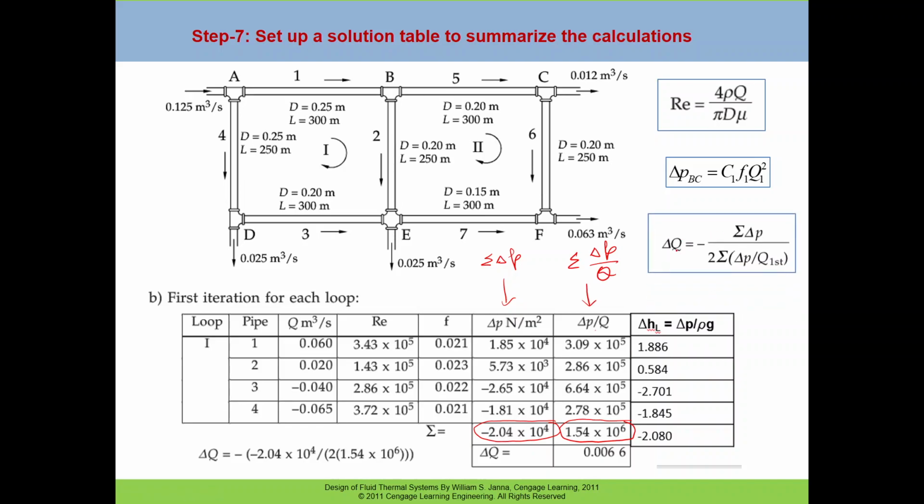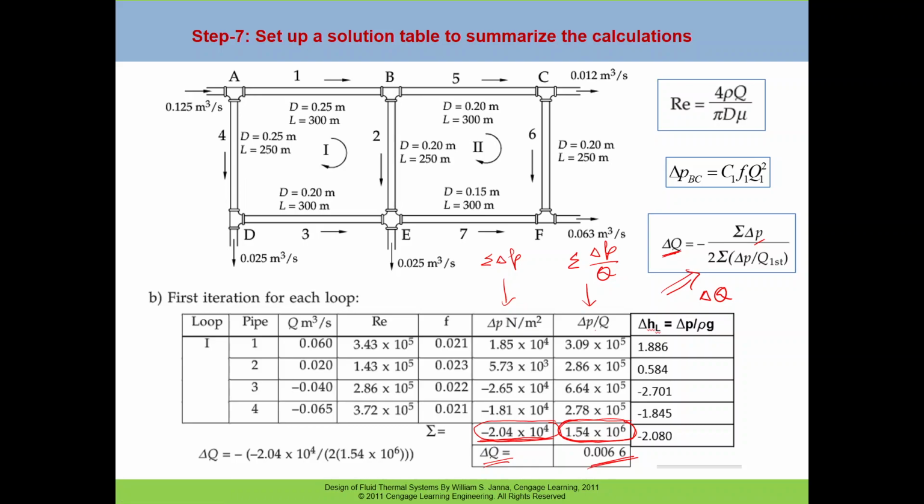Now we need to find delta Q. By the formula, delta Q is minus the summation of delta P, which we have calculated here, divided by 2 times the summation of delta P over Q. When you substitute these values in this formula, we can find our delta Q. The delta Q is coming out to be 0.0066.